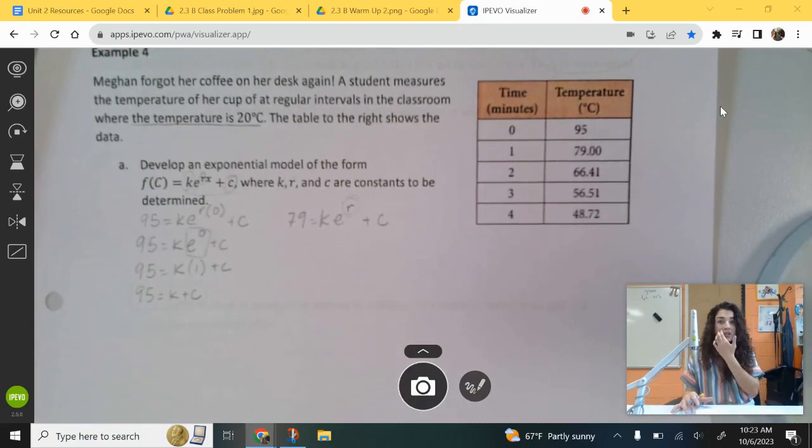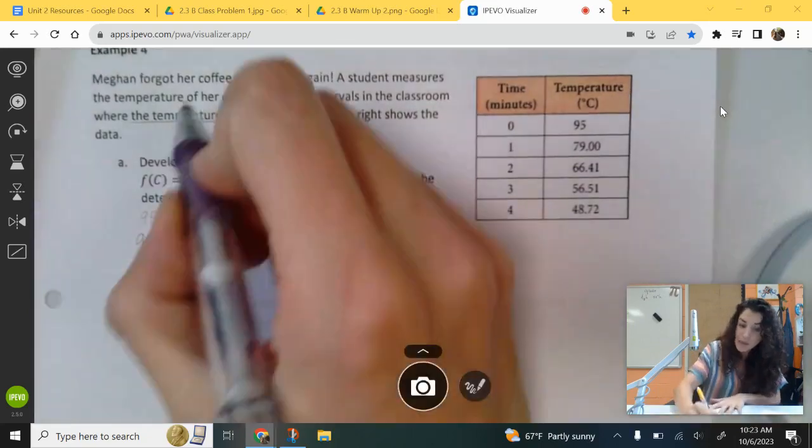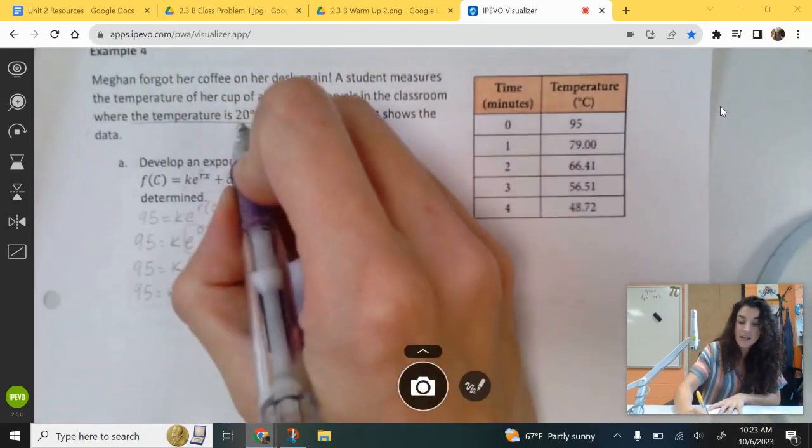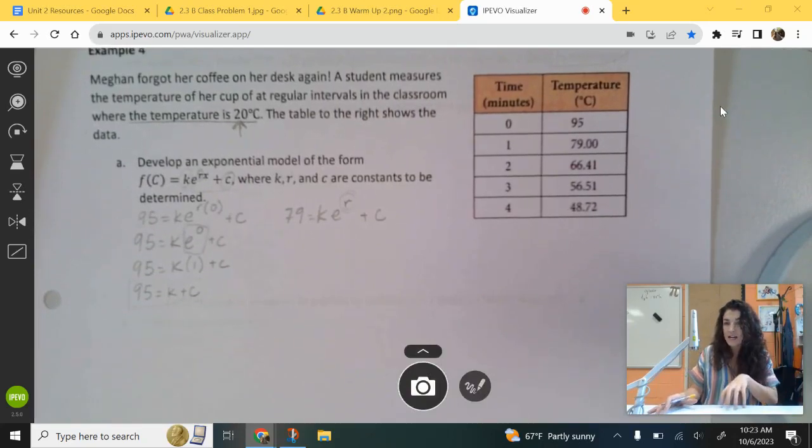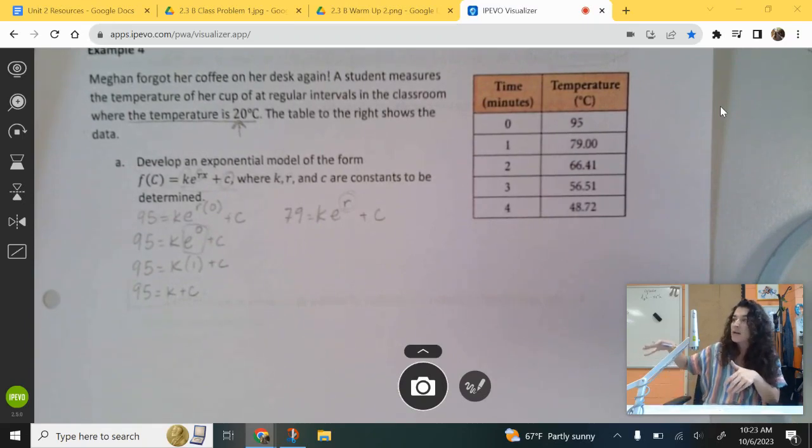So what do we do? We start to try and hone in on important things that we're given. This is an important thing that we are given. If we think about a coffee being left out on the desk, the coffee will never go below the temperature of the room, right? We don't cool things by leaving them outside. If I wanted to freeze ice, I wouldn't put it in a room.